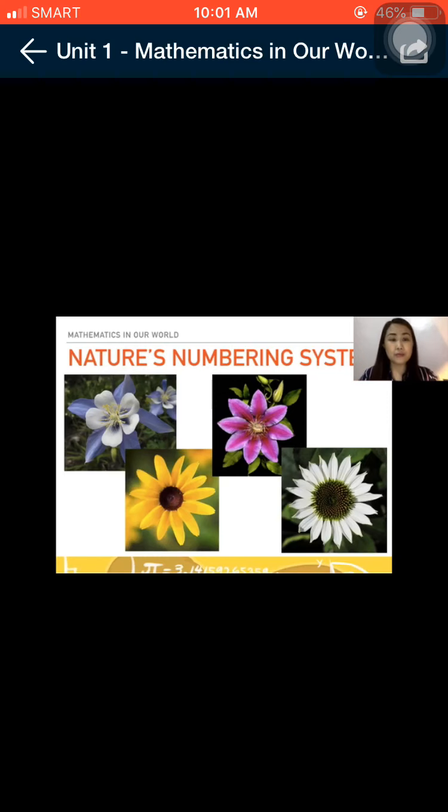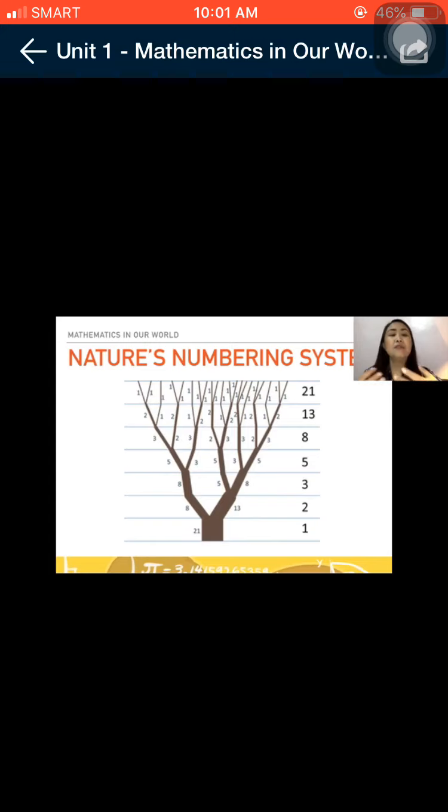It's not just random. No, these numbers are special because these are the numbers that appear so many times. Even in trees, we can see the Fibonacci numbers in the branching of trees. You have 1, 2, 3, 5, 8, 13, 21, and so on.